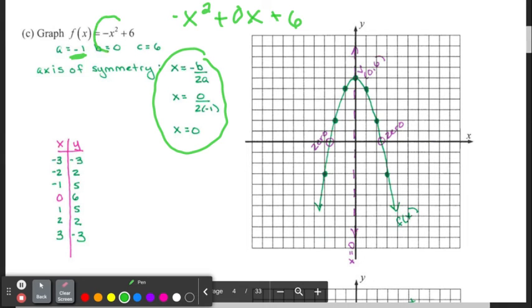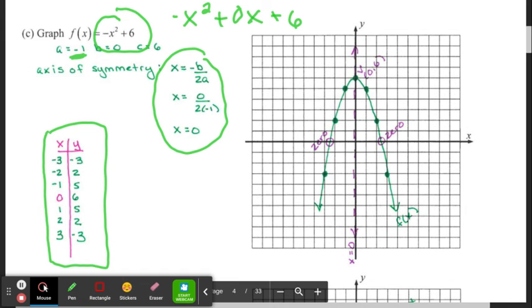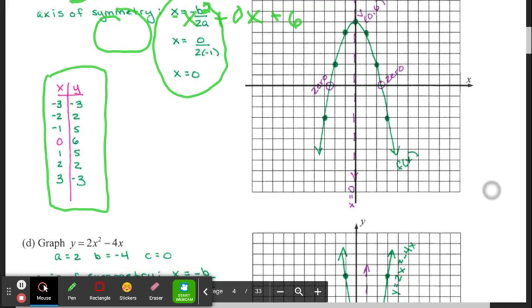So then I typed this into y equals, here's my table, and then I graphed and I labeled. If you're feeling comfortable, go ahead and try the next one.